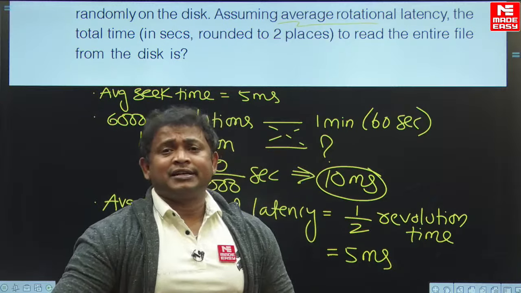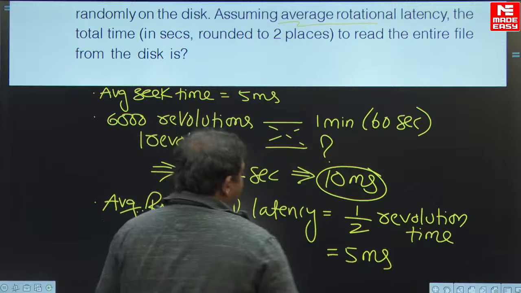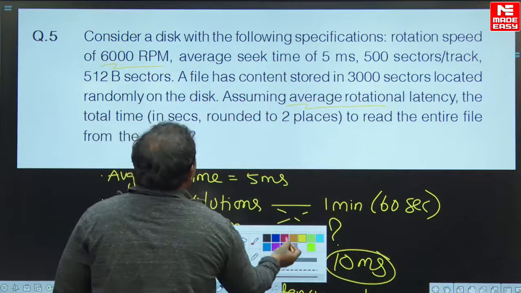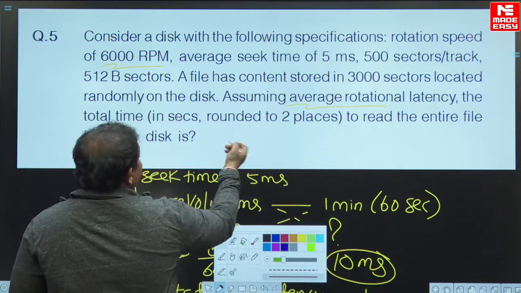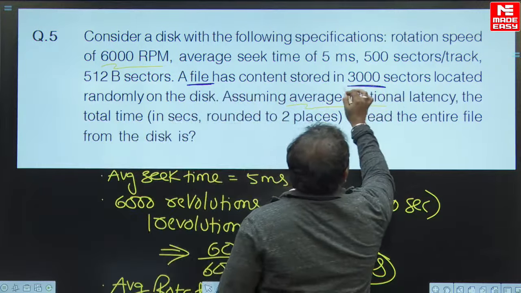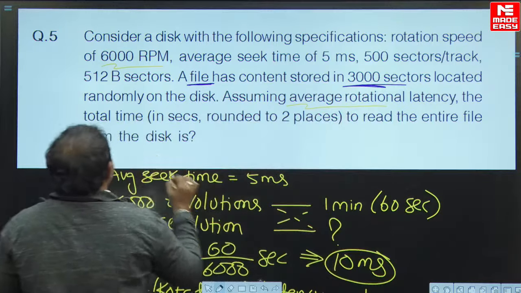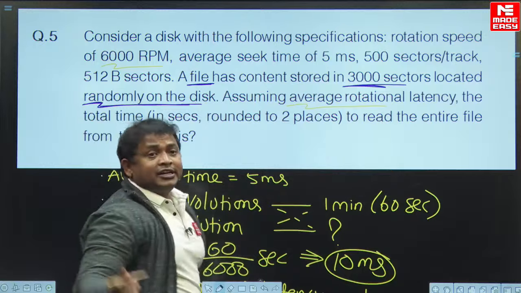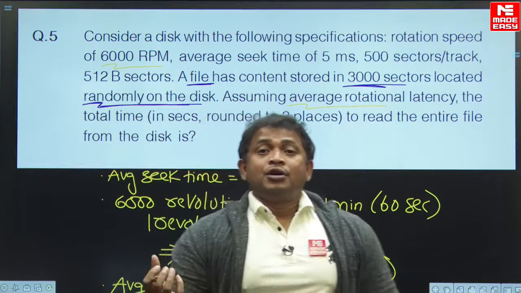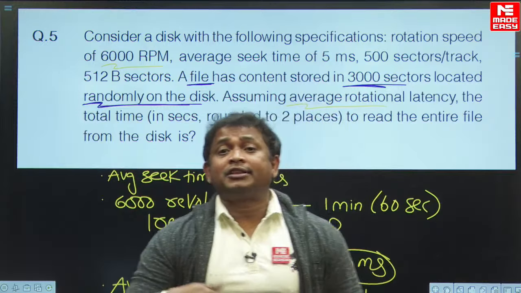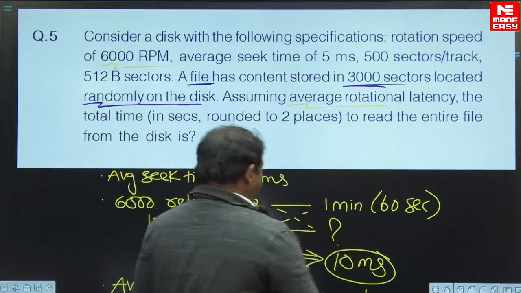After that, the accessing time of the data. When you verify the question, here we need to access the data from the disk. What data are we accessing? A file. That file contains 3000 sectors. These 3000 sectors are randomly distributed, not in a sequential order. Therefore we are going to calculate one sector's accessing time, then multiply with 3000. That is the logic here.